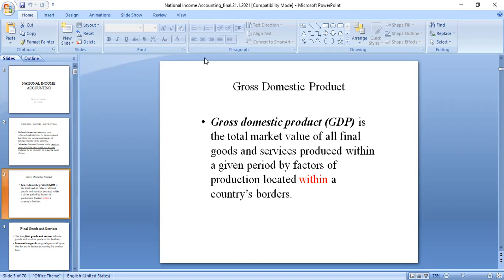So the fact that it is gross domestic means it is national income that is generated within the country's border, and national income is the monetary value of final goods and services produced in a country. So if it's gross domestic product, it will be the monetary value of all final goods and services that are produced within a country's borders.